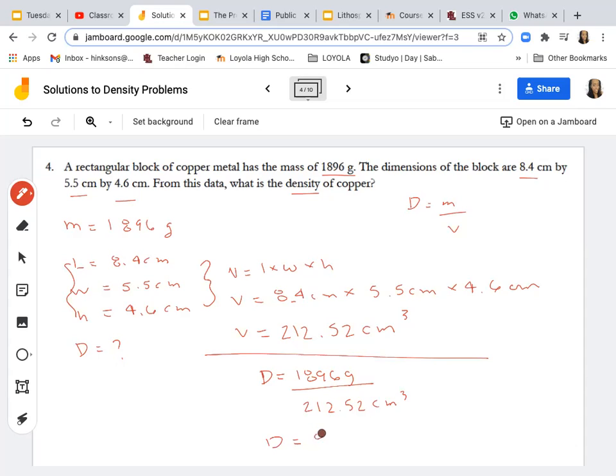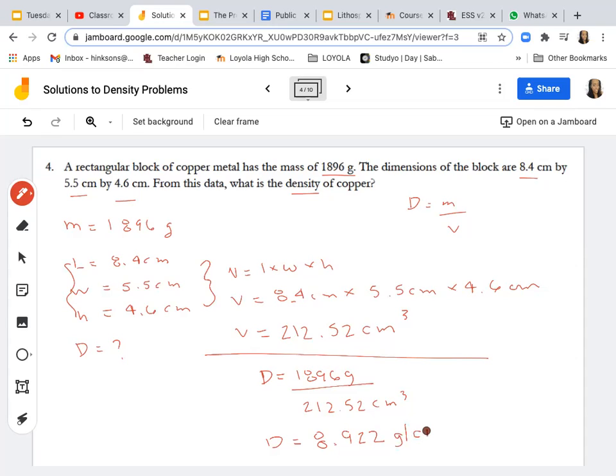Sorry, 8 point, no. 92155. Oh, sorry. This is your answer. Antonio, tell me what it is. 8.92151. He said he rounded it up. Okay, so he rounded it off. He gave me 4. That's fine. Our mass had 4 figures.